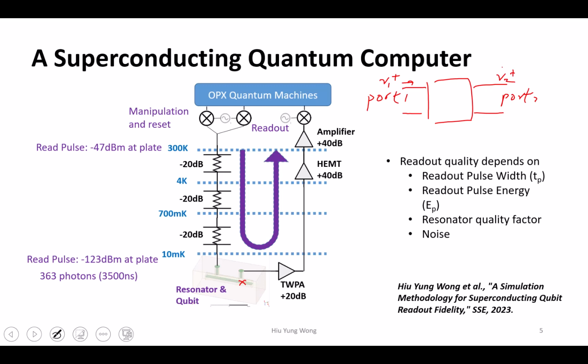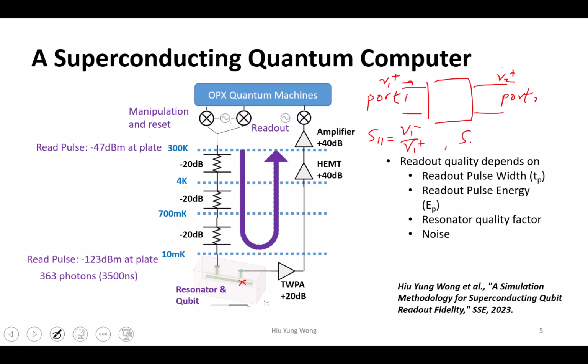And then you have the scattering matrix, because when you have something going in, you will also get reflected. For example, S11 refers to the one that comes back. It will be V1 minus divided by V1 plus, how much gets reflected. So this is the reflection.